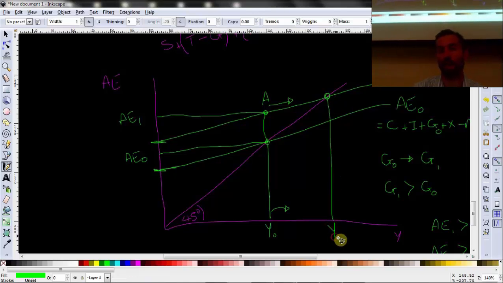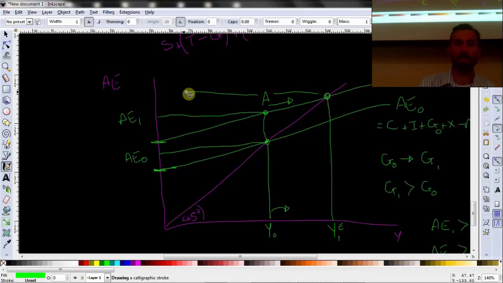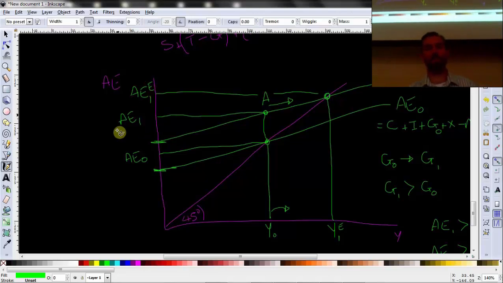And here we're going to have output Y1, and I'm just going to call it Y1 equilibrium, which corresponds to AE1 equilibrium, which I'm just using to distinguish from this point here, AE1.